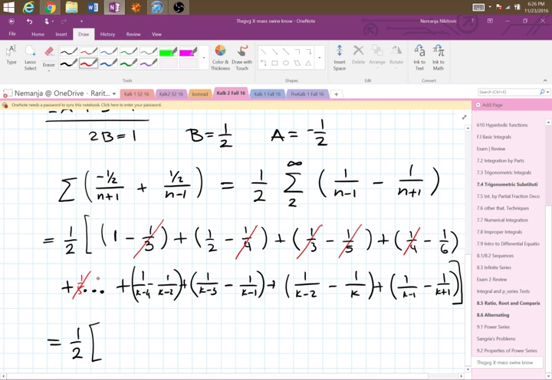And then the next parenthesis would have 1 over 6, which would cancel this one and this one. And you can see that all of them cancel. The ones that survive are 1 plus 1/2. Those are the ones that survive.